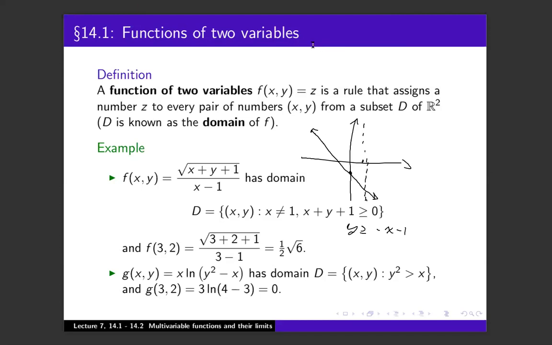So our domain in this case is this entire region. It's everything that's above, not below, above this line, but not including the line x equals 1. So that's the domain of that function. That would be D in that case.